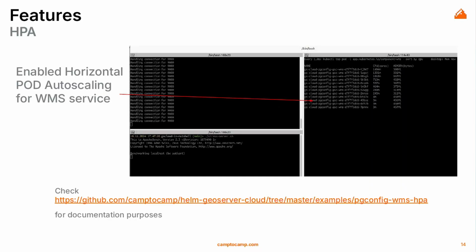Features: horizontal pod autoscaling. What does that mean? Historically, the Geoserver code base is hard to keep in sync. When you are talking about clustering, you need to make things work all together in sync.